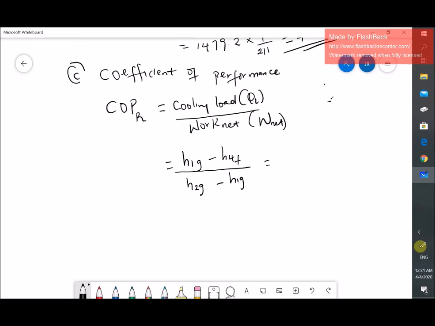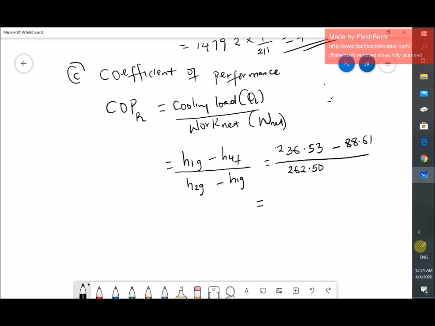So from the table, our H1 is 236.53 minus H4, which is 88.61, divided by our H2 gaseous, which is 262.50, minus H1 gaseous, 236.53.